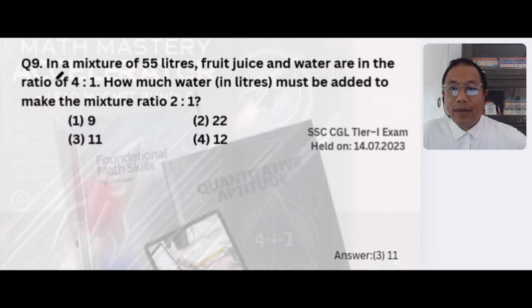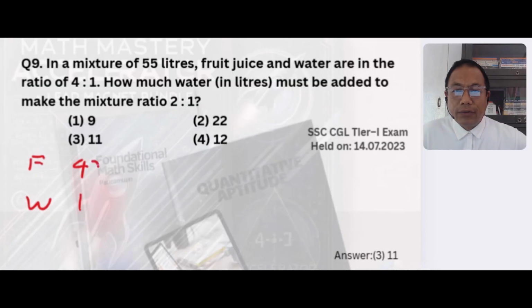Question number 9. In a mixture of 55 liters, fruit juice and water are in the ratio 4:1. How much water must be added to make the mixture 2:1?